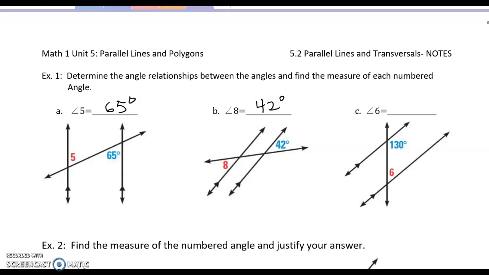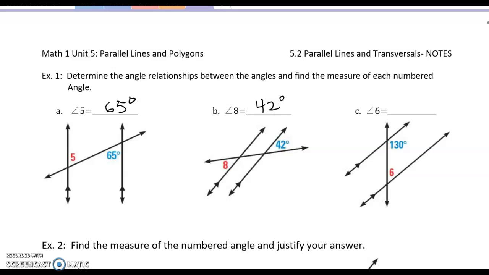Example C. Again, parallel lines cut by a transversal. This time the two angles that are marked up are same side interior. What do we know about same side interior? Well, same side interior angles created by a transversal line intersecting parallel lines are supplementary.